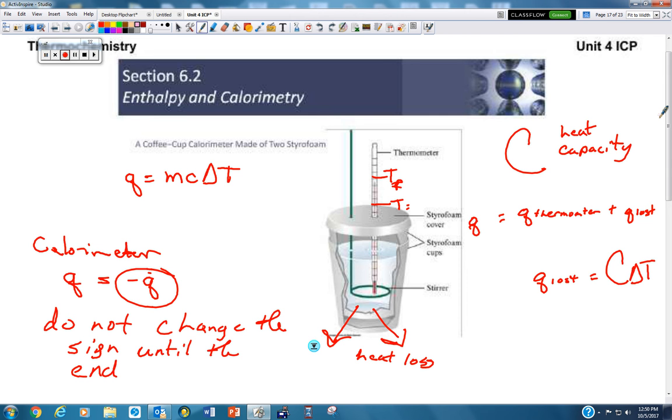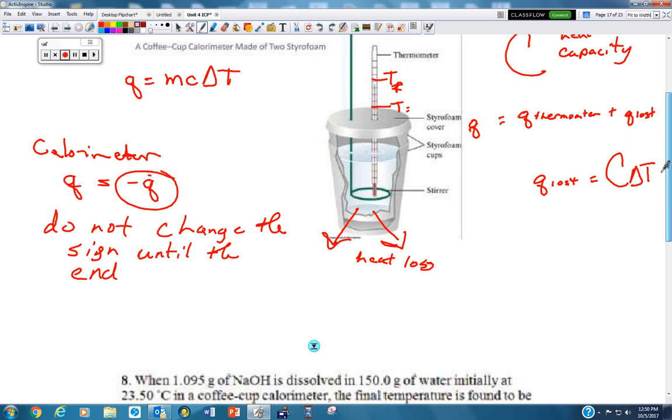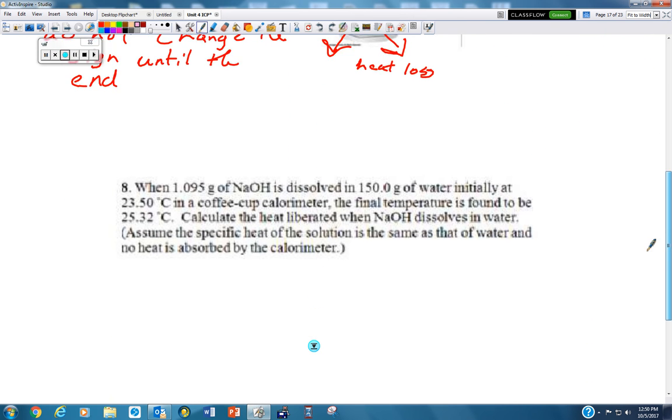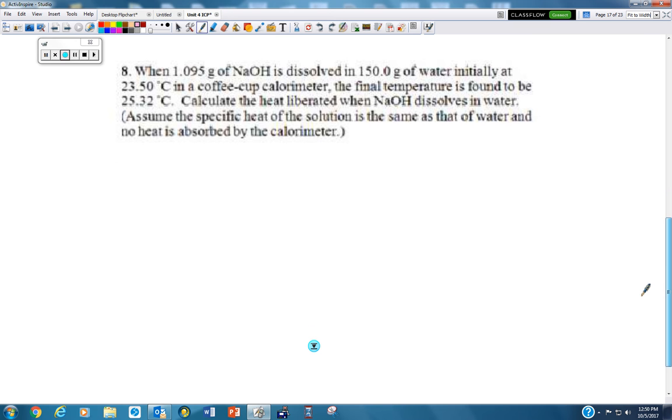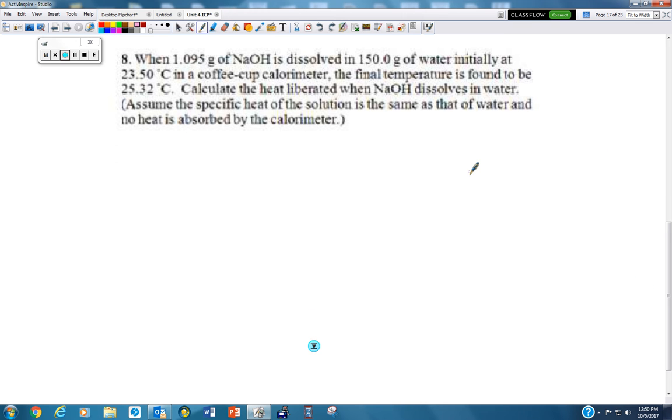So let's look at a couple of calorimetry equations. Looking at this first one, yes, because at the final end result, Q is not necessarily going to be negative, it's going to reverse the sign, because we have to consider what's the system and what's the surrounding.